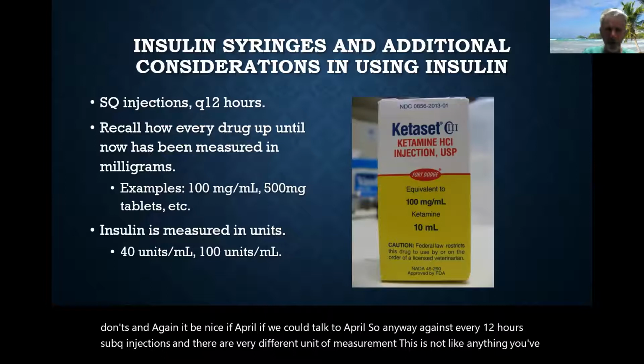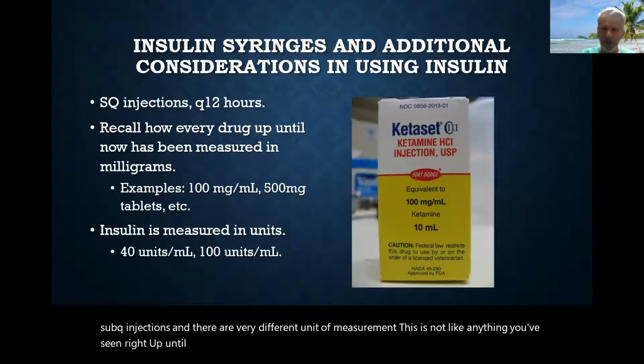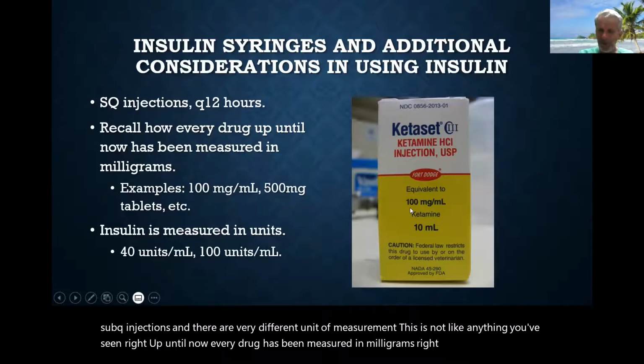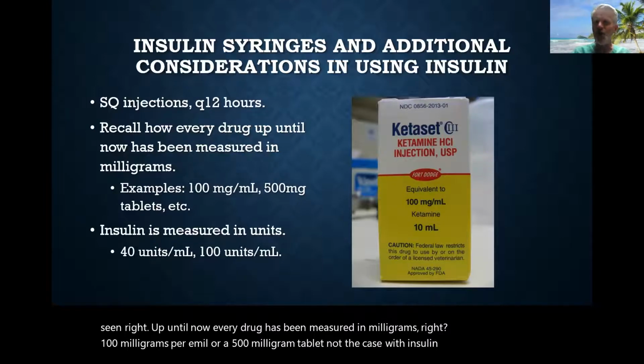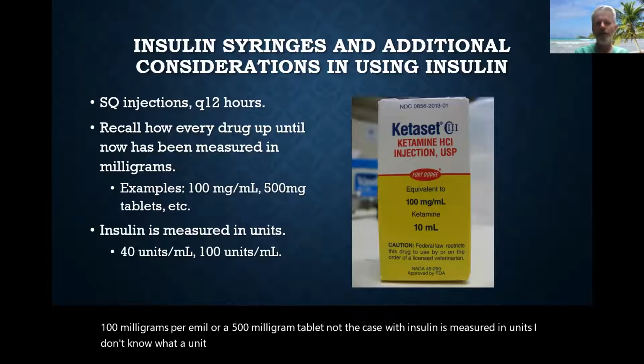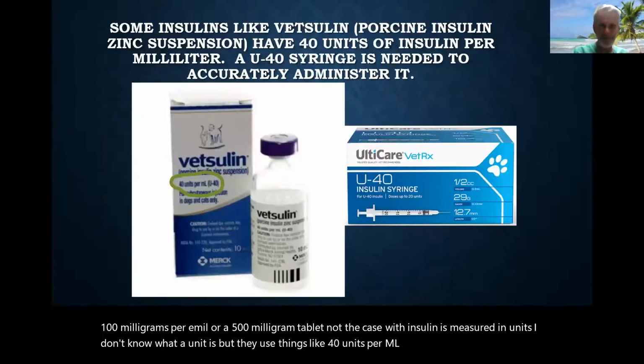Up until now, every drug has been measured in milligrams, right? Like 100 milligrams per ml or a 500 milligram tablet. Not the case with insulin. Insulin is measured in units. I don't know what a unit is, but they use things like 40 units per ml or 100 units per ml.